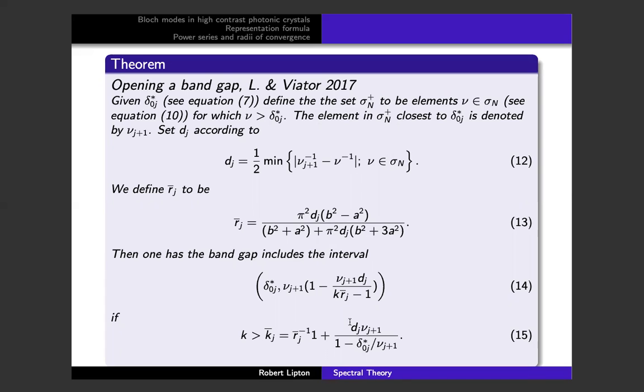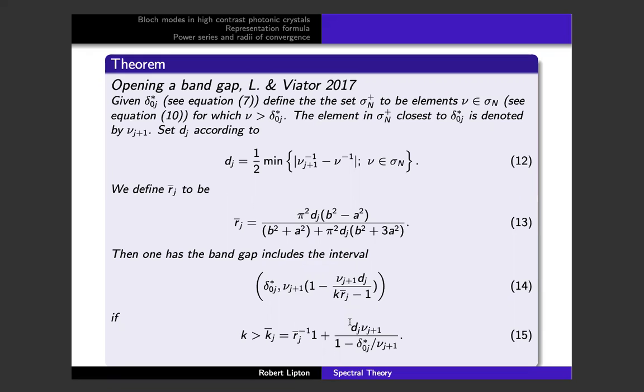Fine. And then what I do is form what is called R bar j for the jth gap. It's basically pi squared times dj times the difference in the radii of that buffer geometry, the outer radii minus the inner radii. And then miraculously, we have our band gap estimate.